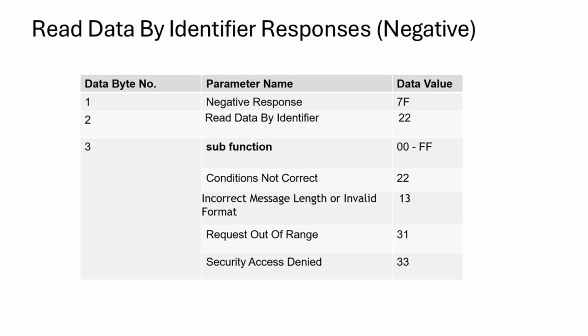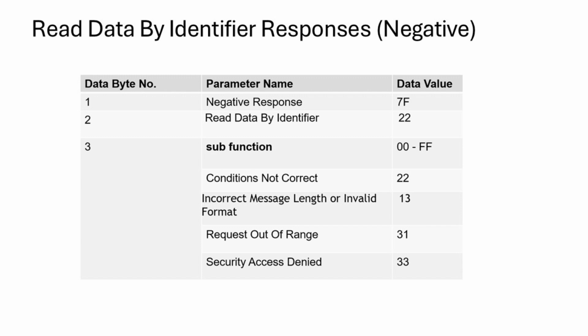If it is not implemented in your project, for example F190, as I told, the DID. So if you are requesting F1 something that is not implemented in software, you will see this request out of range. And then security access denied.